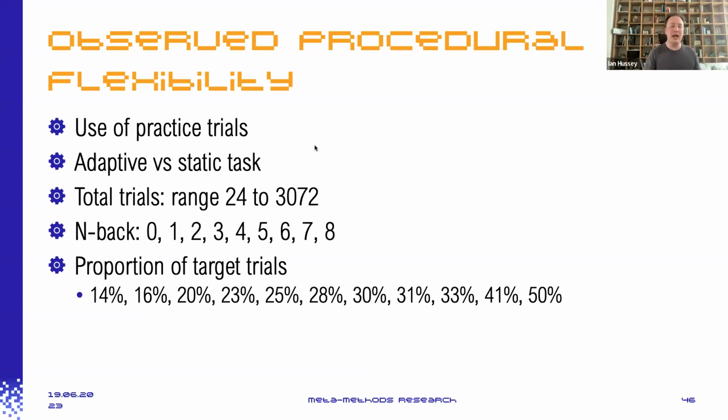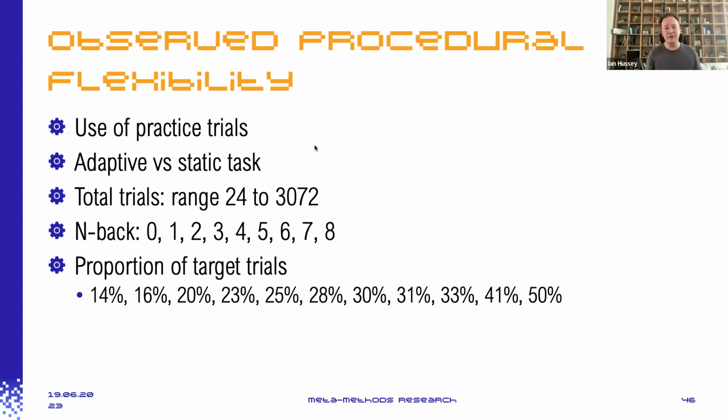Okay. Again, we see very wide heterogeneity in procedural details when reviewing 100 papers using the N-back, randomly sampled from a larger systematic search. Some studies present practice trials and some simply don't.